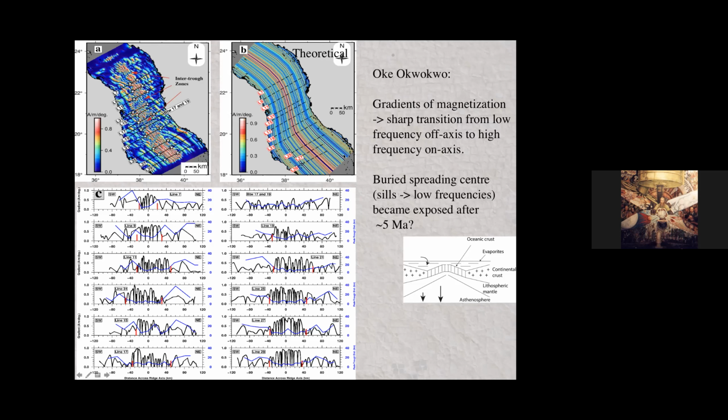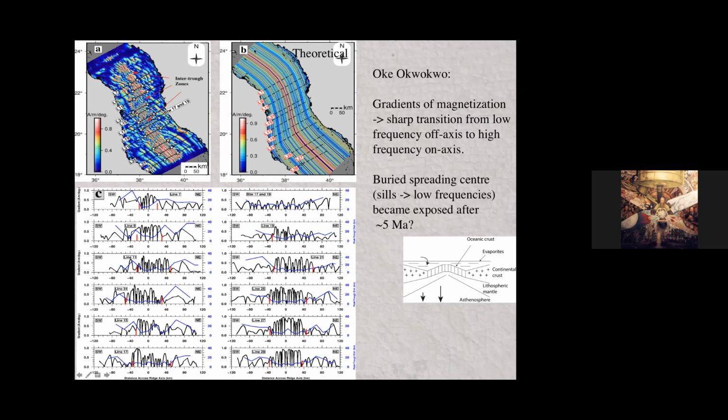What he's showing on the right is a theoretical set of magnetization gradients. This is obtained by using the opening rate of Africa and Arabia, and the geomagnetic timescale of Cande and Kent.